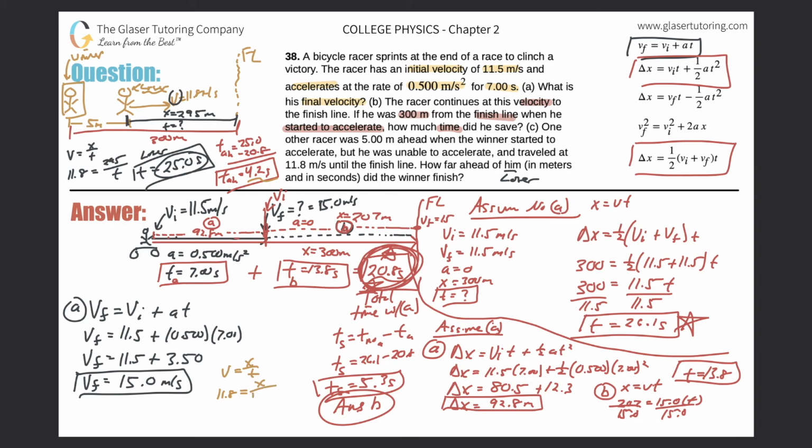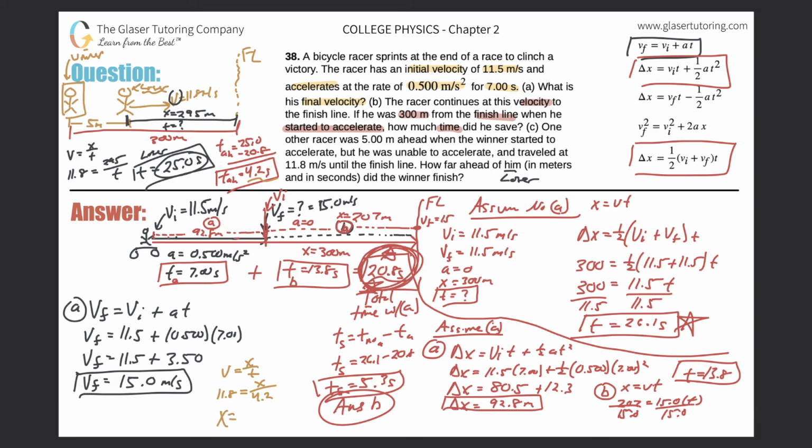But I do know he's going to have to travel 4.2 seconds longer than the winner. So to find how far behind he is, I found the additional time he would have to travel, and then all I need to do is multiply it by his average velocity.